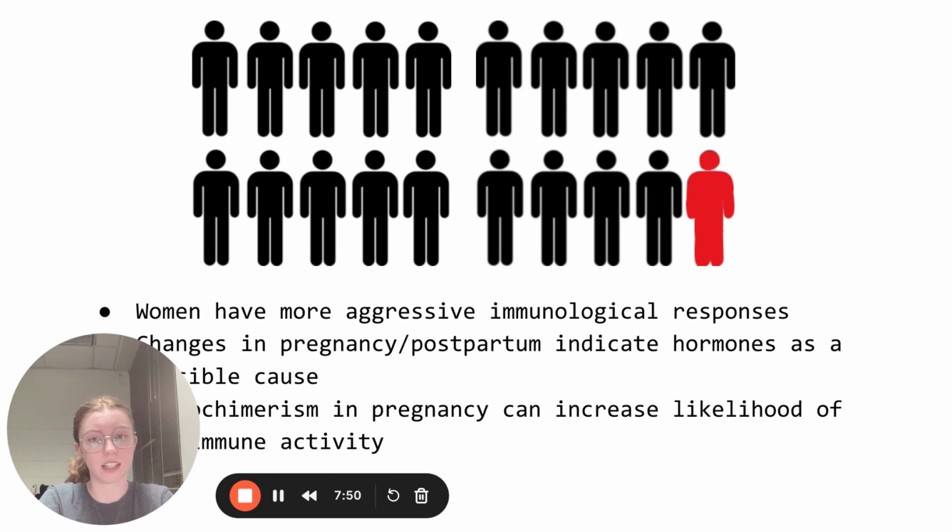There's also the fact that during pregnancy, the mother and the baby exchange cells. It's called microchimerism. And that process that just occurs is generally more likely to cause autoimmune activity afterwards.